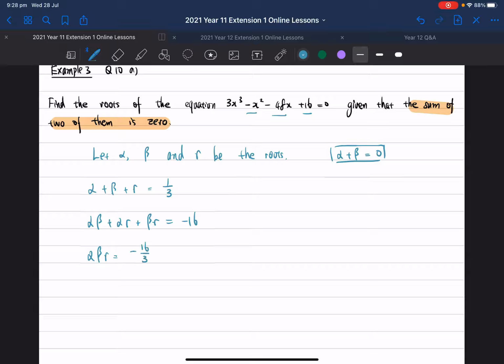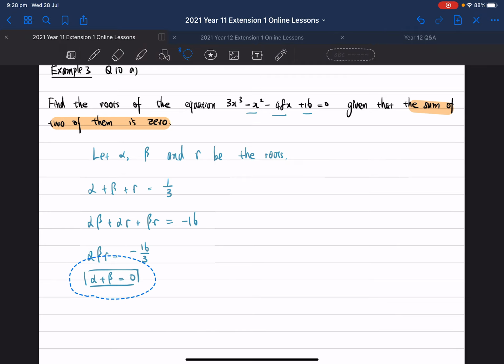Remember your aim is actually to find the roots. You need to find alpha, beta, gamma. You actually have 4 equations, not just 3, to help you. And that equation here is the most important: alpha plus beta is equal to 0. Why is that?